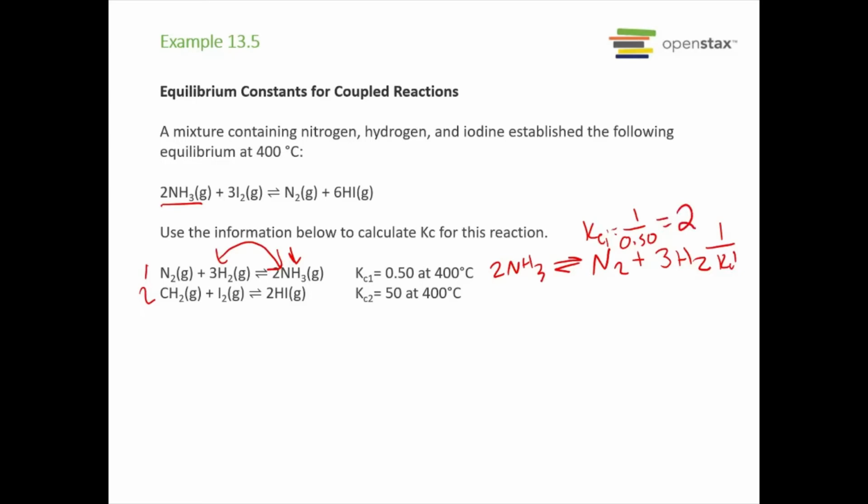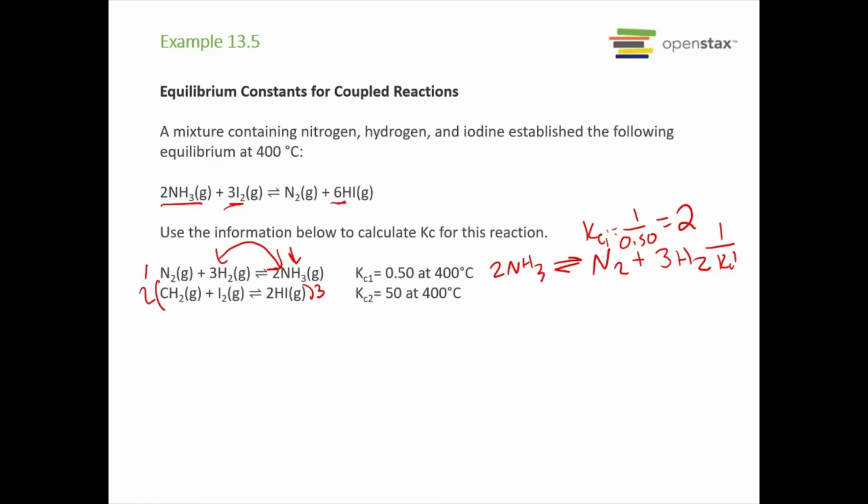Now the second reaction, we need 3 iodines and 6 HIs. So we need to multiply the second reaction. Everything we need to multiply times 3. Now this one's a little different from Hess's law. In Hess's law, if you multiplied things by 3, you would multiply delta H by 3. In this case, remember, we cube it.